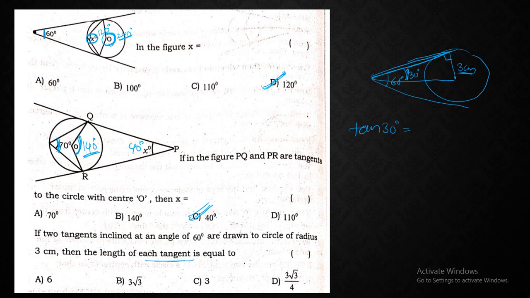Tan 30 degrees is equal to opposite by adjacent. We don't know the adjacent, so we consider it as L. The value of tan 30 is 1 by root 3, which is equal to 3 by L. On cross multiplication, L is equal to 3 root 3. So the answer is 3 root 3 centimeters.